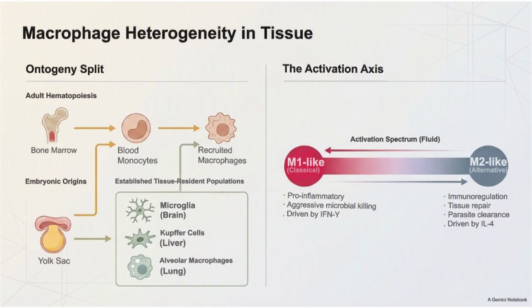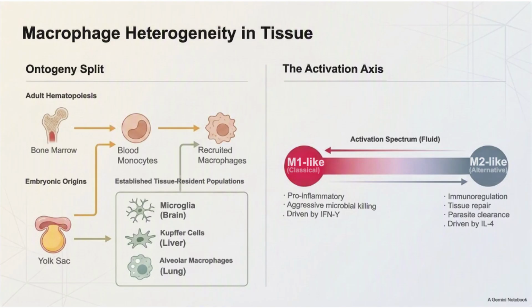The M1-like end of the spectrum describes macrophages with more strongly pro-inflammatory and antimicrobial characteristics, while the M2-like end emphasizes functions associated with resolution, remodeling, and tissue repair.